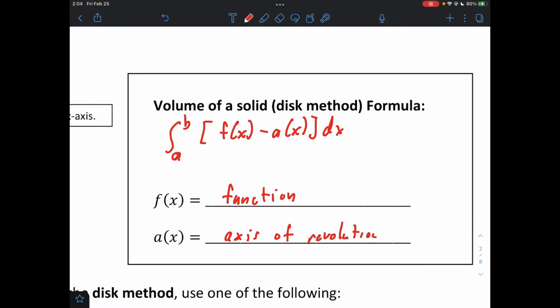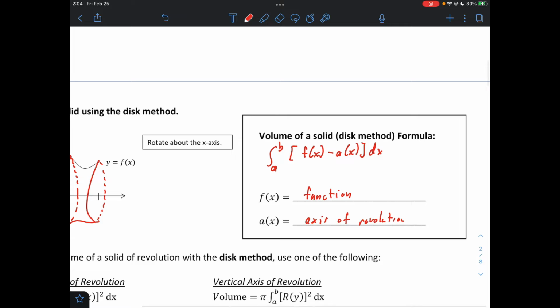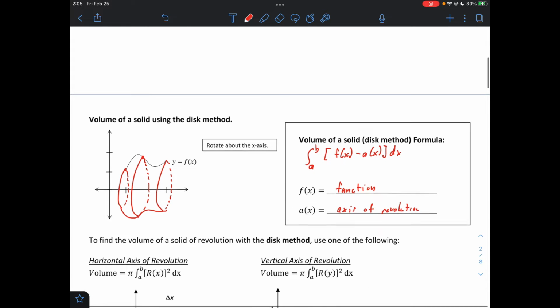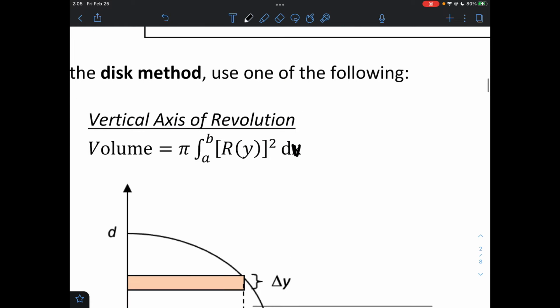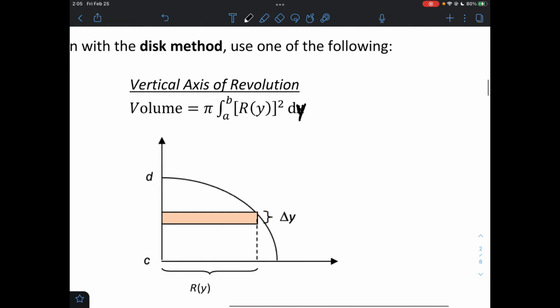Of course, that is if we're revolving around some type of horizontal axis using the dx method. If we're talking about a vertical axis of revolution, we would be using the dy method, and I already see a little typo here. This is supposed to be r of y squared dy. I'll fix that for your notes there.